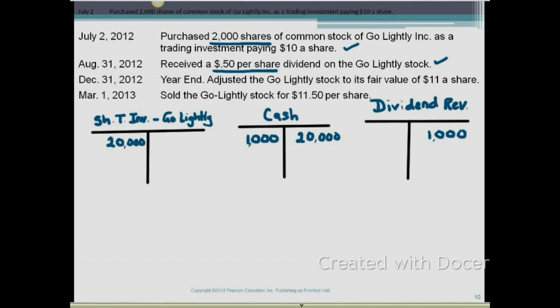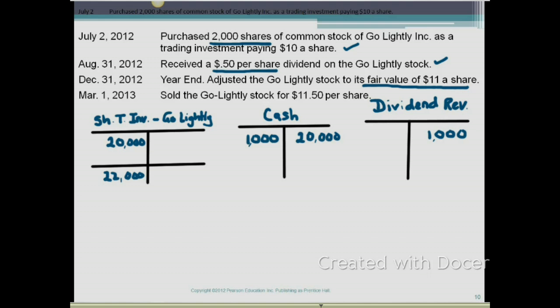We bought the shares for $10 a share, but on December 31st, they are valued at $11 a share, which means we have to report it on our balance sheet at $11 a share. You know that we report our ending balances on our ledgers in our balance sheet. So our short-term investment in Go Lightly should have an ending balance of $22,000.